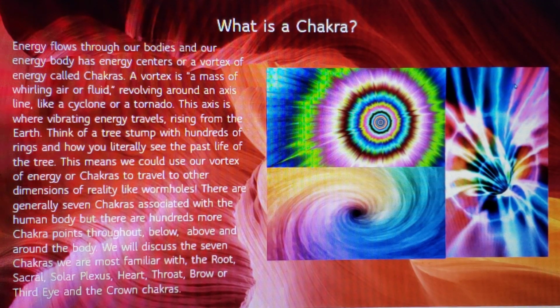We're talking about the sacral chakra this May, and then the solar plexus we'll discuss in June. The heart chakra we'll discuss in August, and the throat chakra we'll talk about in September. The brow or the third eye chakra we'll talk about in October, and then we'll wrap it up with the crown chakra in November.